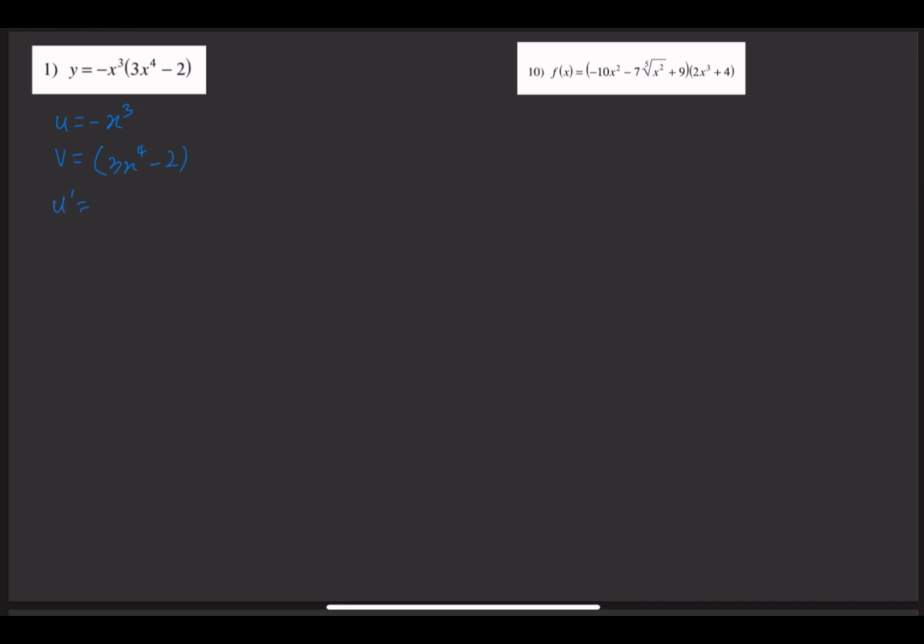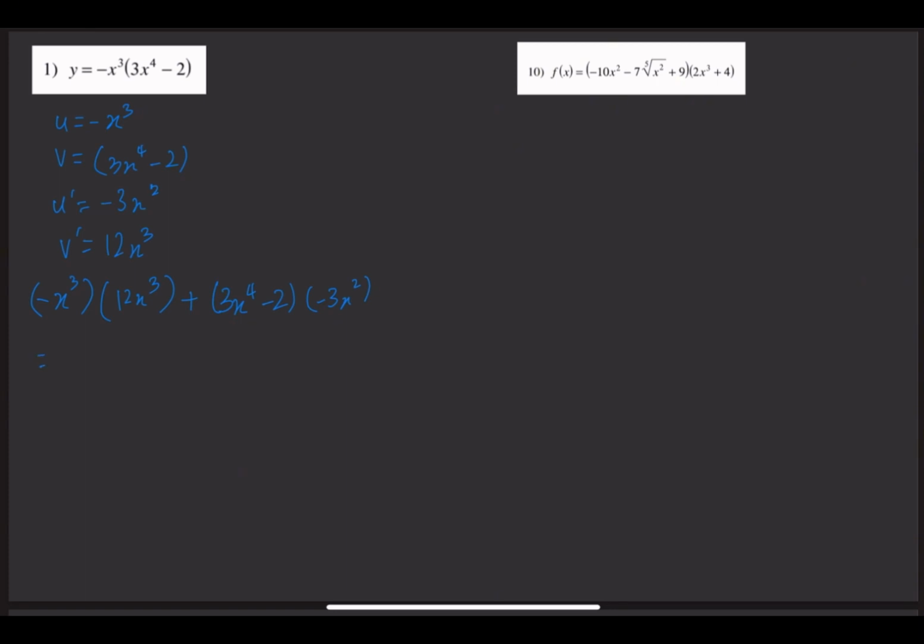Now we get u prime, which is negative 3x squared, and v prime equals 12x to the power of 3. Right. Now remember, we take the first part multiplied by the derivative of the second part, 12x^3, plus take the second part, 3x to the power of 4 minus 2, and the derivative of the first part, negative 3x squared.